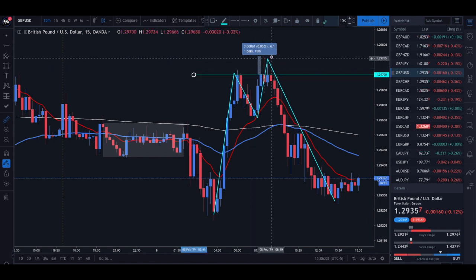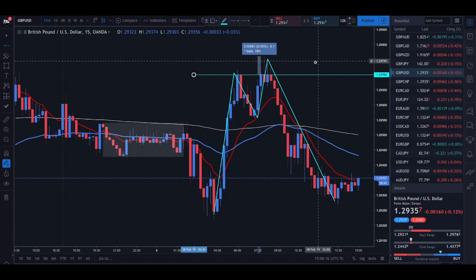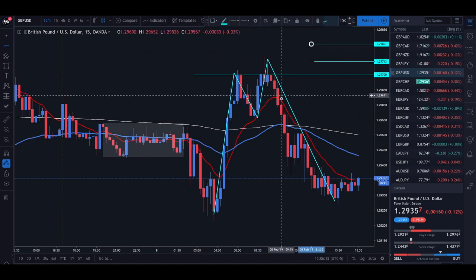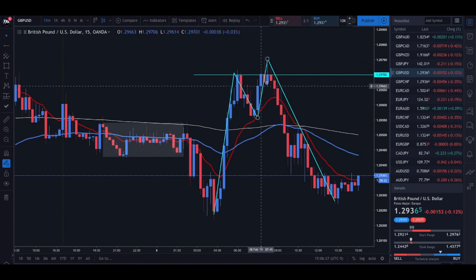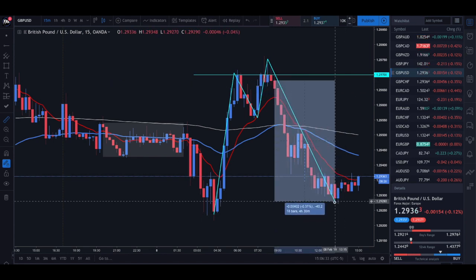Keep in mind at this point the spread is spreading out, so you might have a gap that's that big. It's literally grabbing all these contracts up here at the same time. As soon as they get the contracts, boom, they move right back down. This was a very nice trade, about 40 pips long.